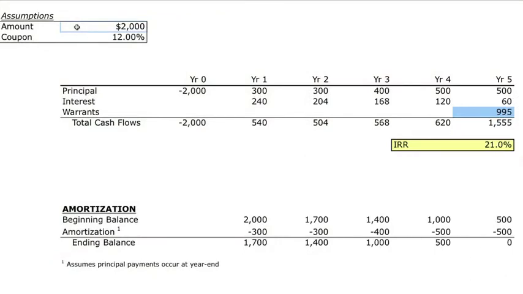Okay, here we are. We're back at the Excel spreadsheet that we put together last week. Just to recap, we've got a deal that is a $2 million note offering. We've got a coupon of 12%, some amortization that we've highlighted down here, and we're targeting a 21% internal rate of return.